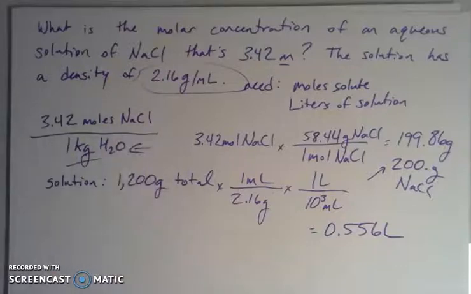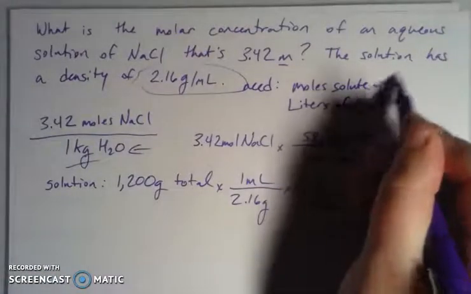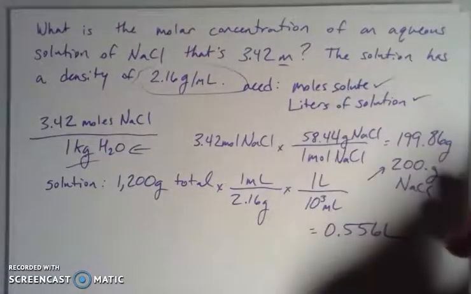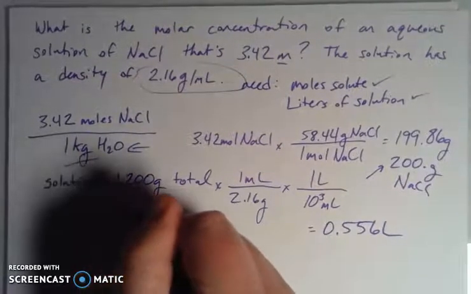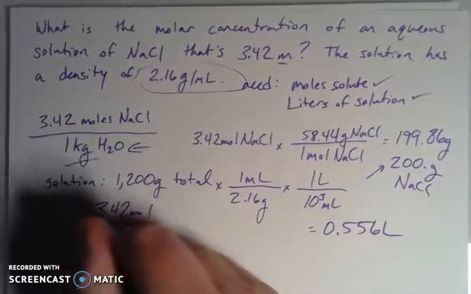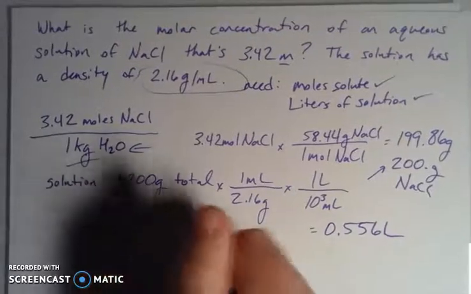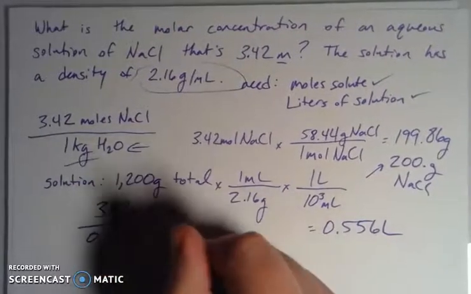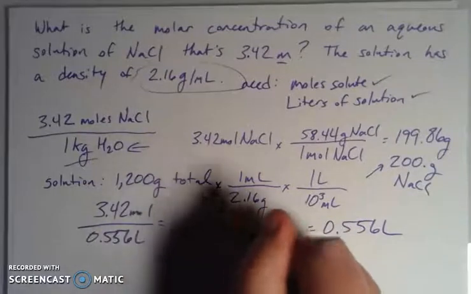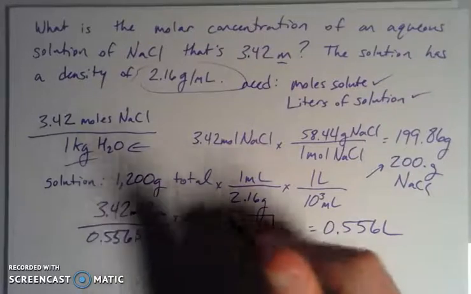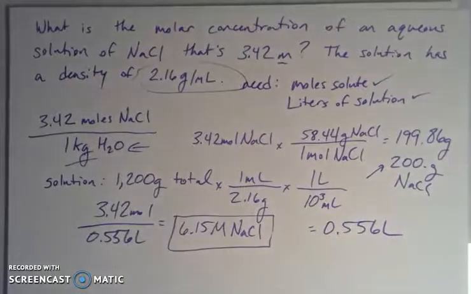That numerator value is still the moles of solute either way. So I have moles of solute already. I've now calculated liters of solution from the density. So I can go 3.42 moles divided by 0.556 liters, and that gives me a 6.15 molar solution of NaCl. Again, really intentional with my molarity, molality, but this is big M, moles per liter of sodium chloride.